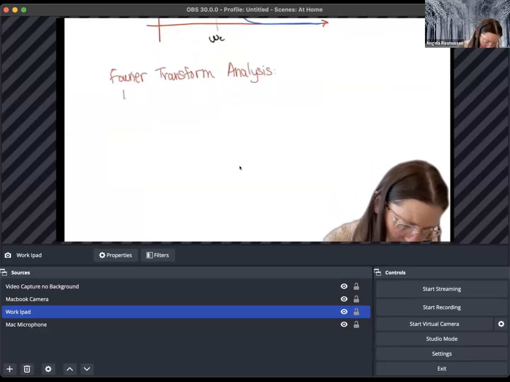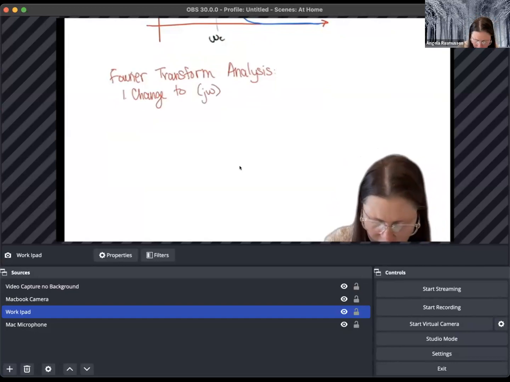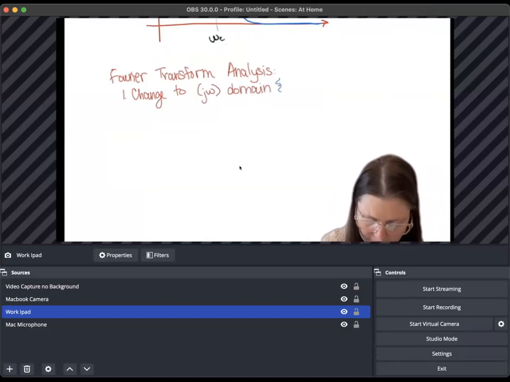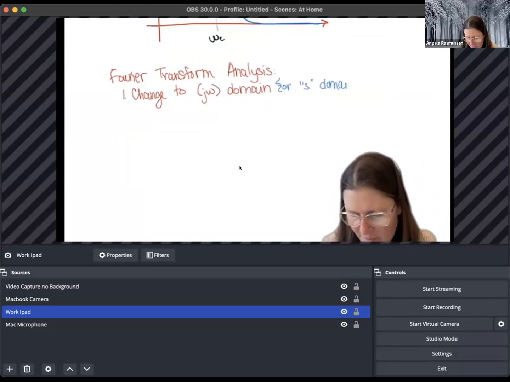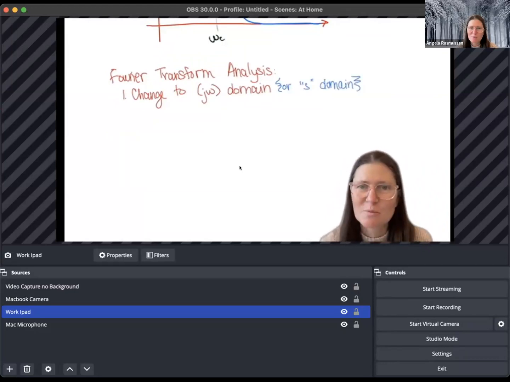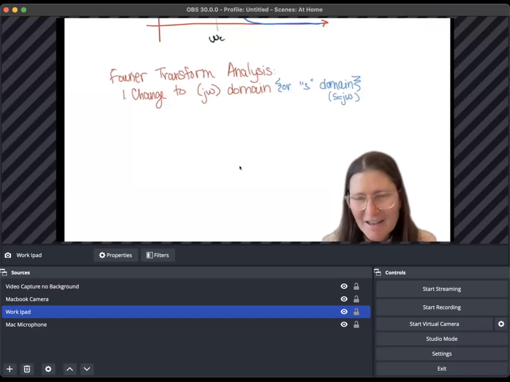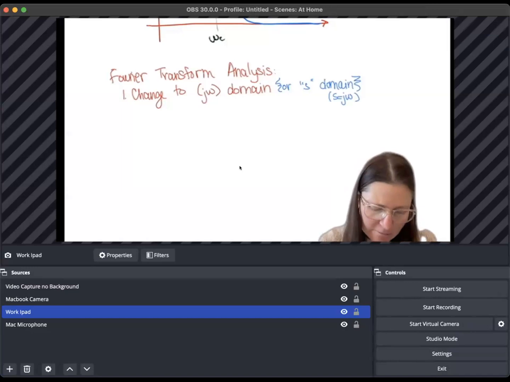With that one, you're going to change to the J omega domain, or you can do it with just S. And then at the end, before you translate back, just substitute S equals J omega. I prefer keeping it as S. I think it's easier to manipulate the equation.